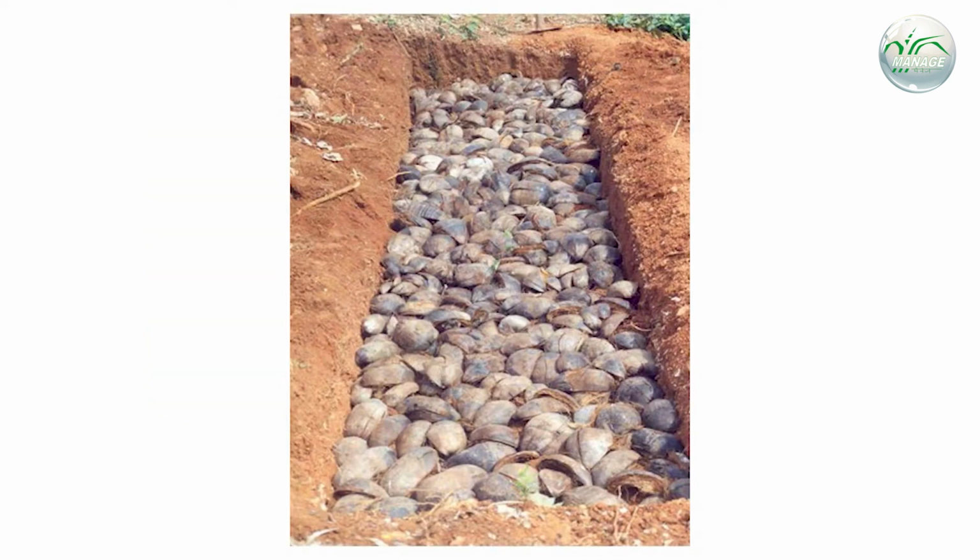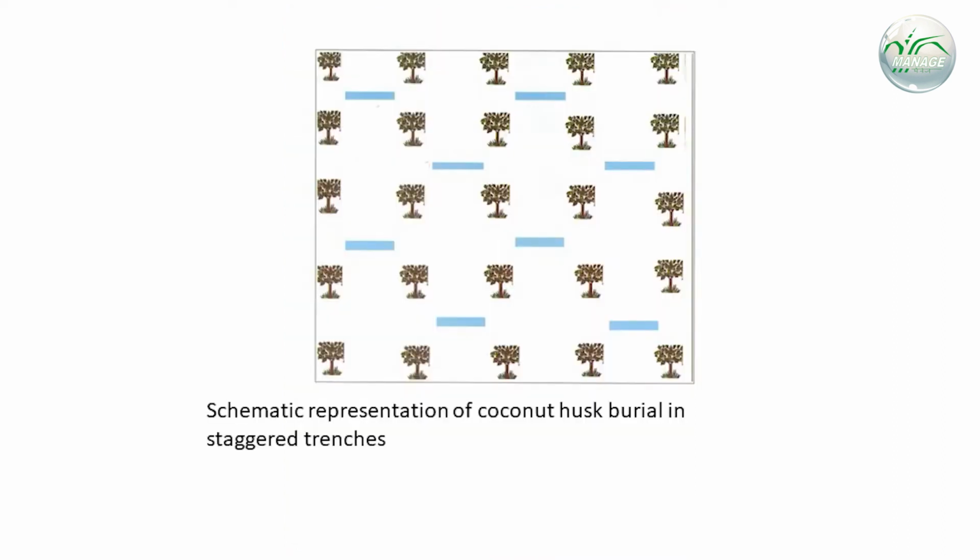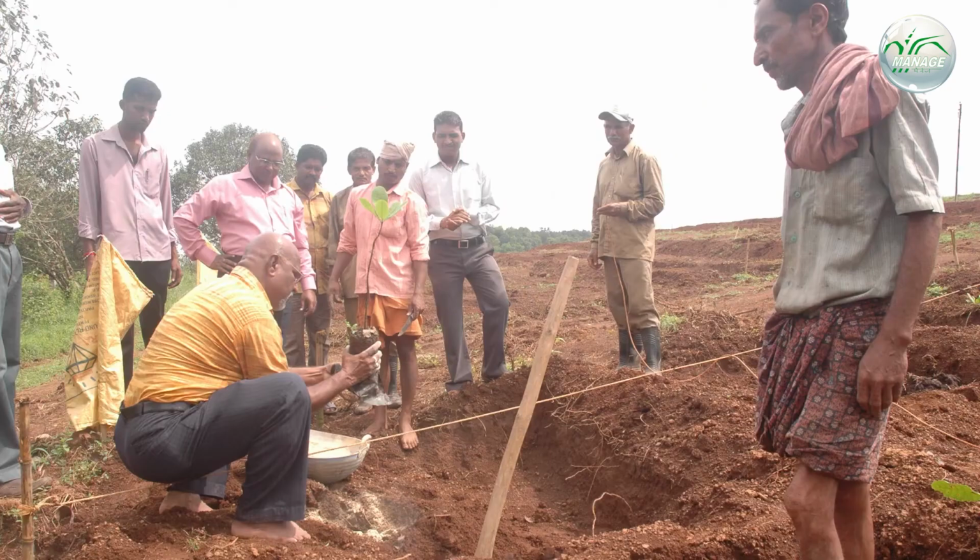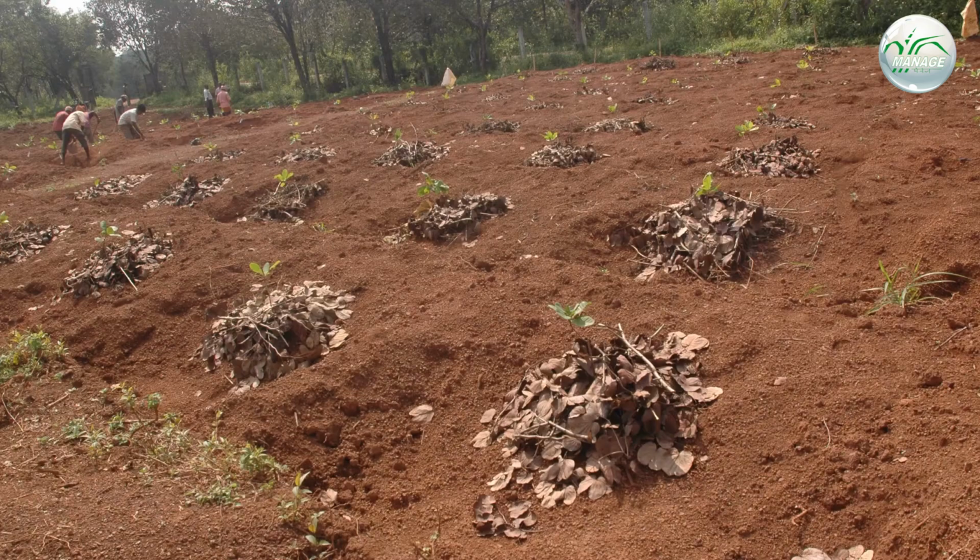Adoption of coconut husk burial techniques with soil and water conservation techniques like modified crescent bund, staggered trenches, etc. improve the water retention in soil for longer periods. Bigger pits and mulching can also be followed during the establishment of cashew plantations.